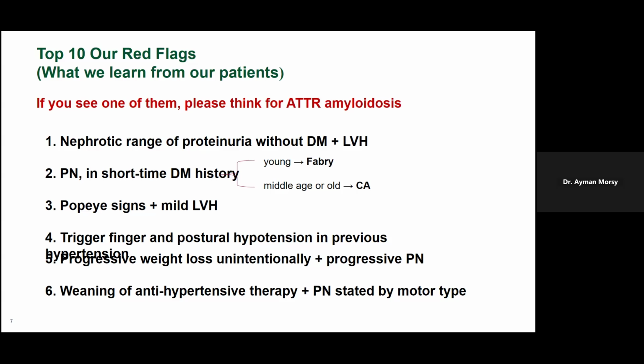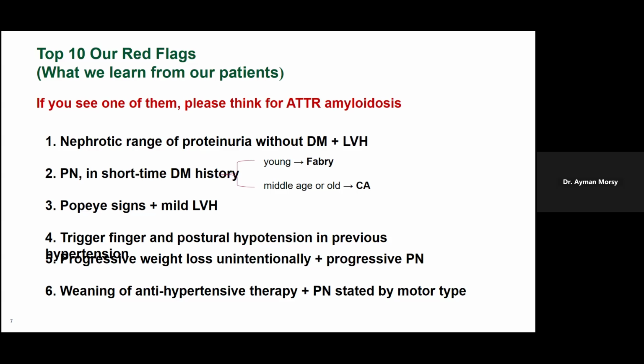If you see peripheral neuropathy in a short time of diabetic history, if your patient is young, think of Fabry disease. If your patient is middle-aged or old, especially male, consider cardiac amyloid.